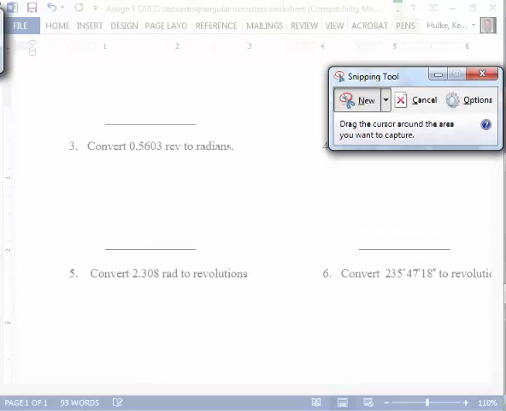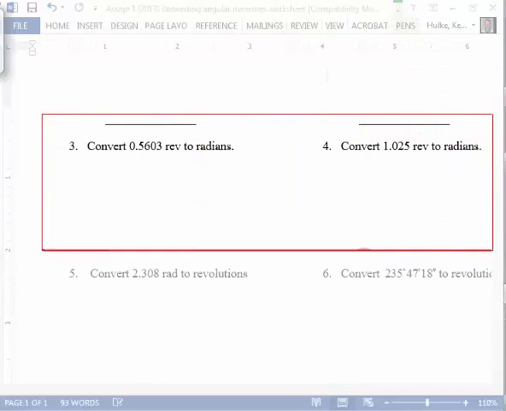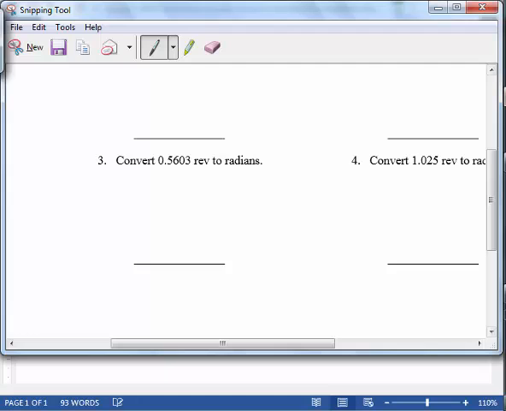Now we're going to go from revolutions to radians. Well, revolutions we'll have on top, radians we'll have on the bottom. 1 revolution is 2 pi radians, so 0.5603 revolutions.